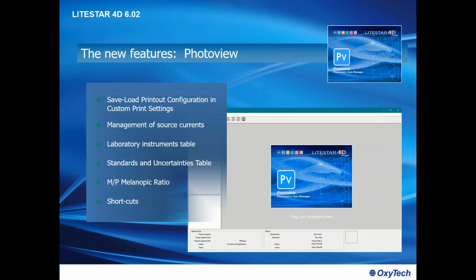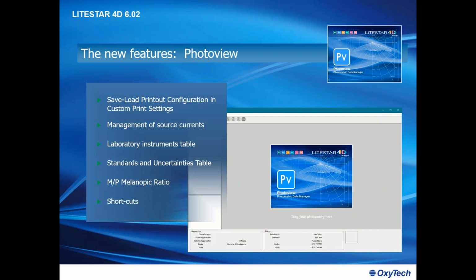So the new features of PhotoView are save, load, printout configuration in custom print settings, the management of the source currents, the currents that are used to drive the LEDs, the laboratory instrument table, the standards and certificates table, the calculation of the melanopic ratio for the circadian approach of lighting, and the shortcuts.